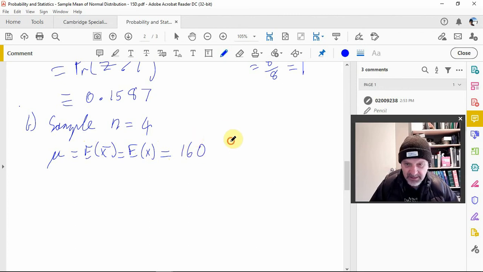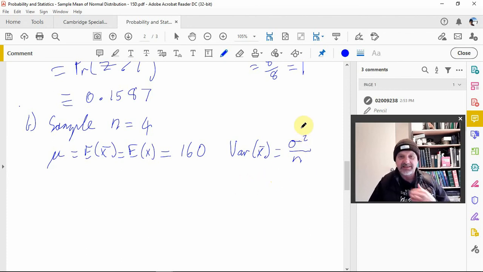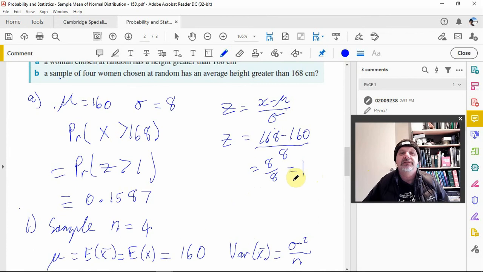The variance, however, of our sample is related to the standard deviation over n. And that standard deviation, of course, is the standard deviation of our population, which we were told, I think, was 8. Yes, 8.